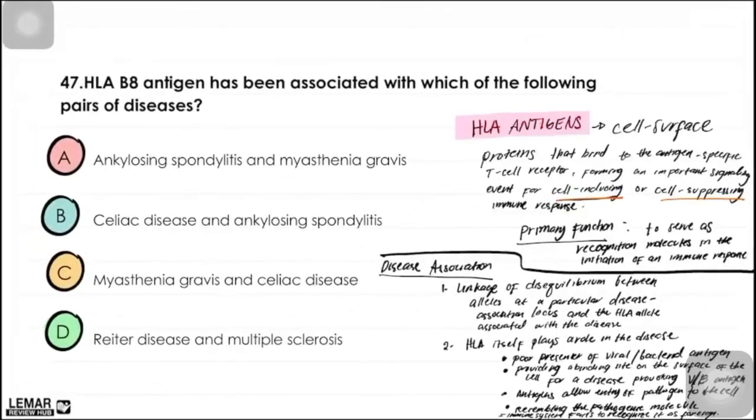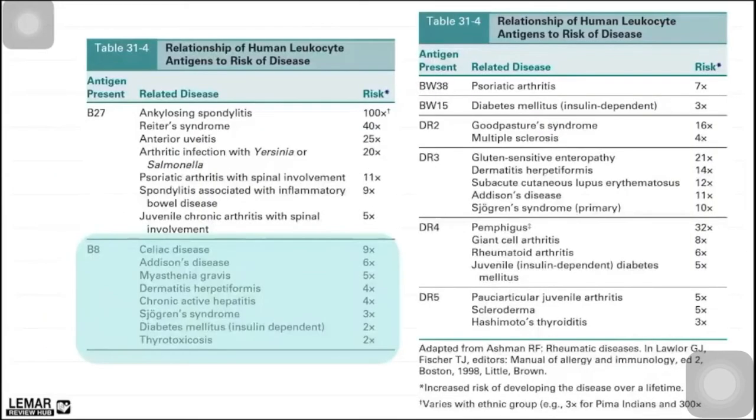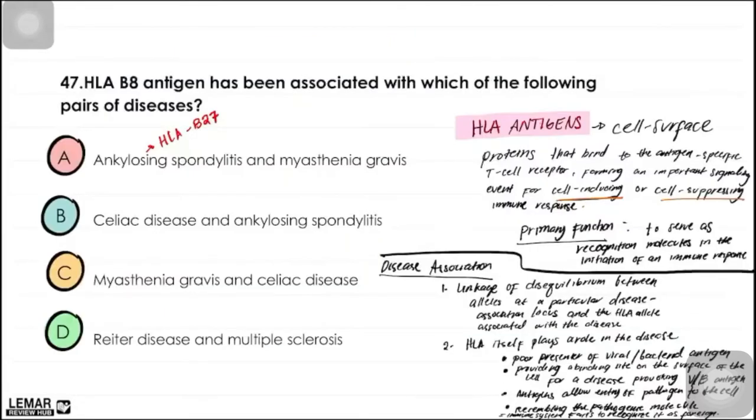So in this question, we want to identify which of the following conditions are related to HLA-B8. We have ankylosing spondylitis. Ankylosing spondylitis is actually related to the presence of HLA-B27. While myasthenia gravis is related to HLA-B8.